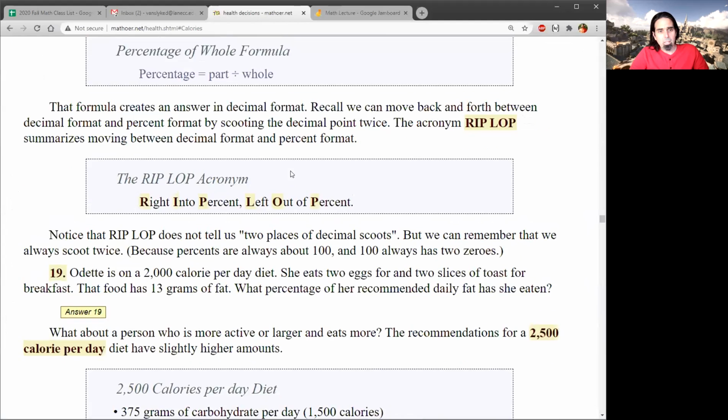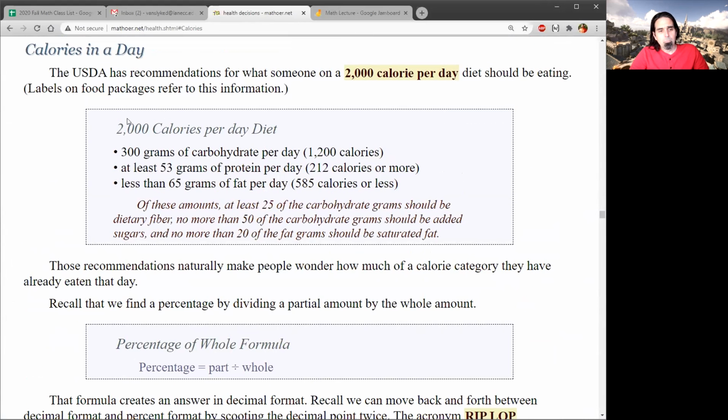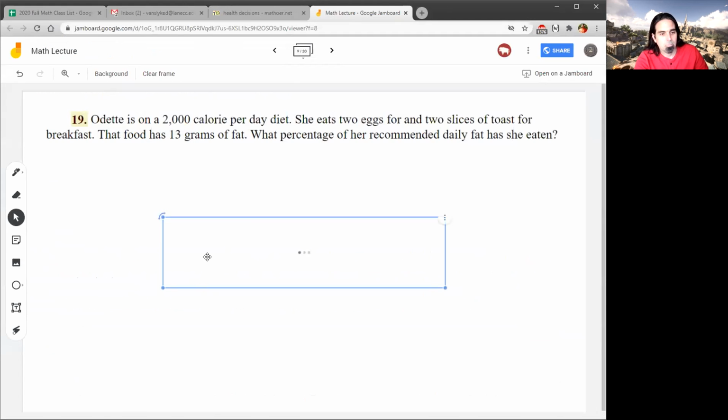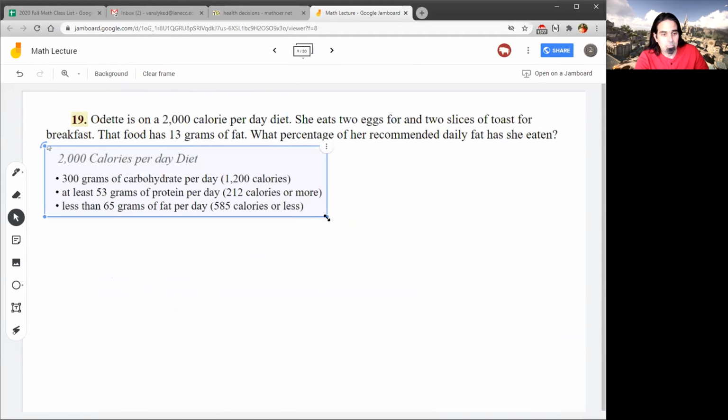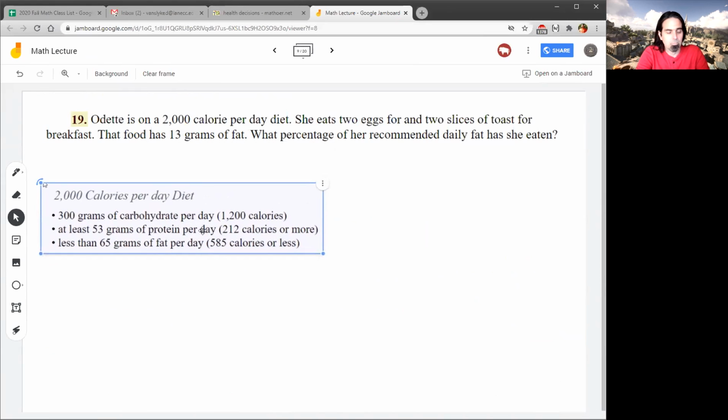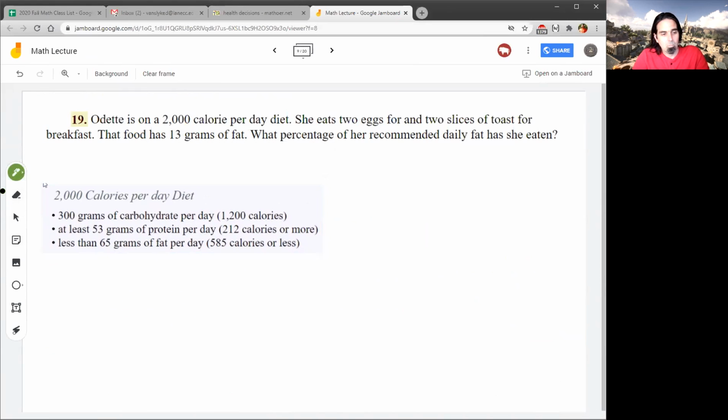So first we go back up to here and say that if she's on this 2,000 calorie a day diet, she can eat 65 grams. So 13 grams is the part she's eaten, and 65 grams is the whole amount she gets.